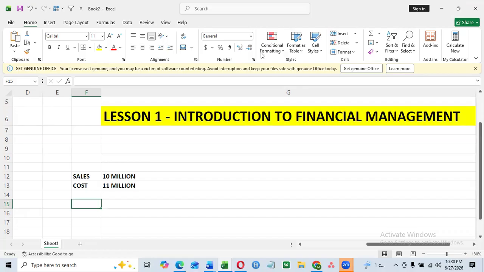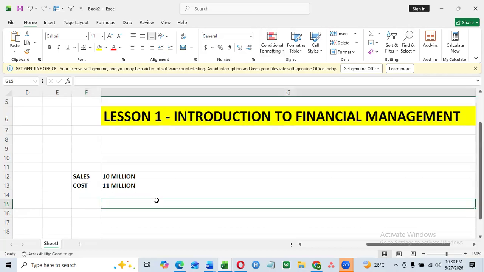In plain English, financial management is the discipline of managing money so that a business can survive, so that a business can grow, so that a business can create value for its owners.